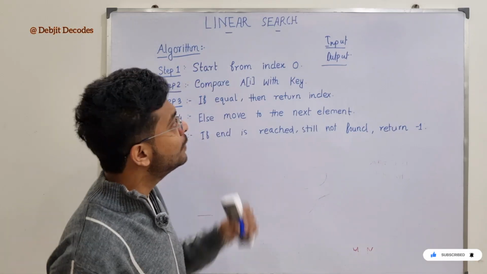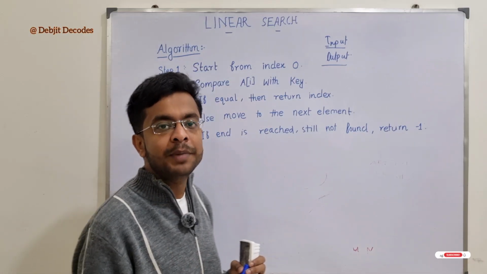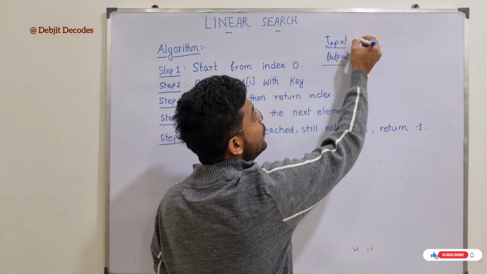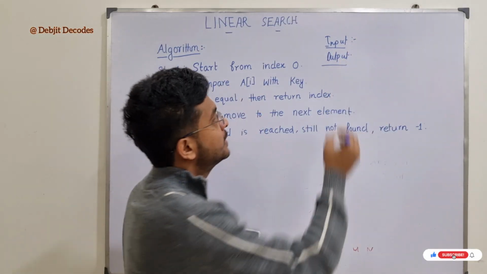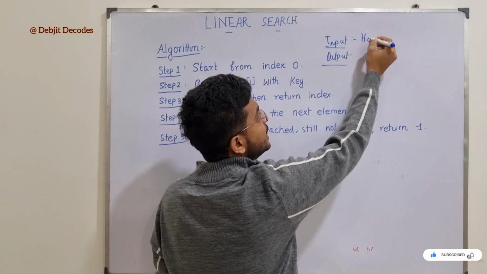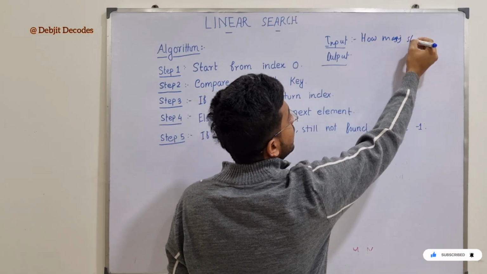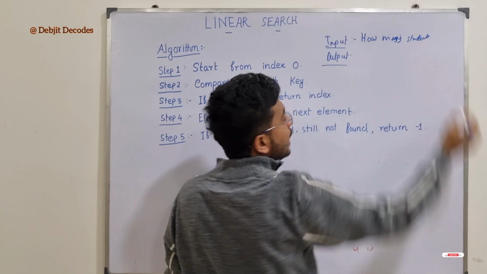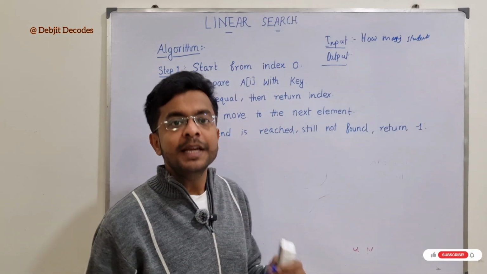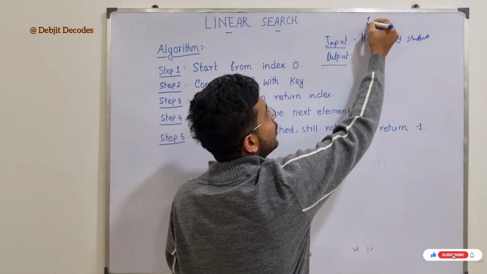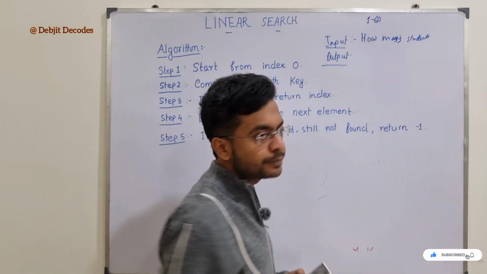So for this particular linear search, in the example I have just given, what can be the input? The input can be how many students there are. Suppose in your classroom there are 60 students, starting from roll number 1 to 60.